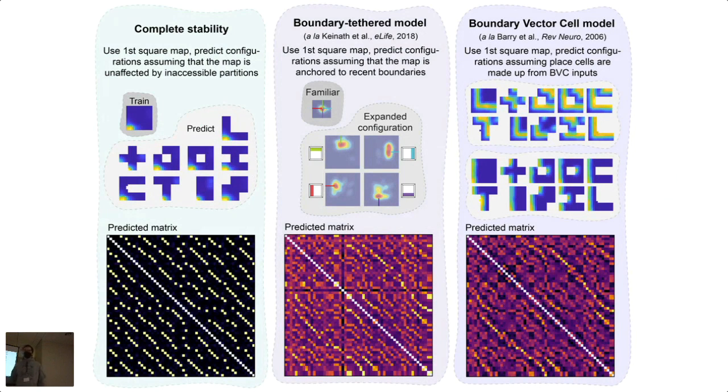We know they exist in the brain, and one claim could be that the place cells we see in hippocampus just take random weightings from boundary vector cells to encode where the animal is relative to boundaries. So those are three different models. What we can do is simply compare each of these theoretical matrices to the actual data and ask what model fits best.